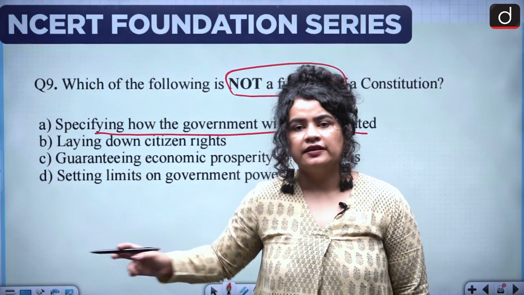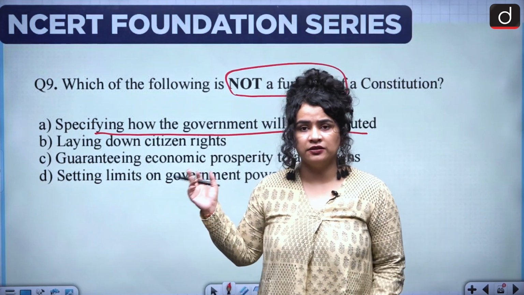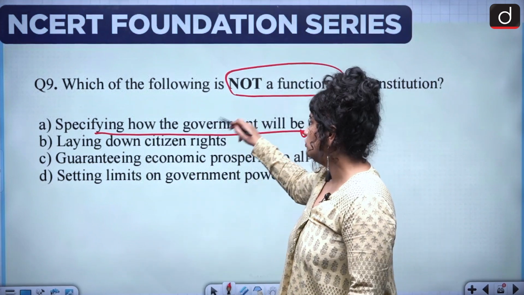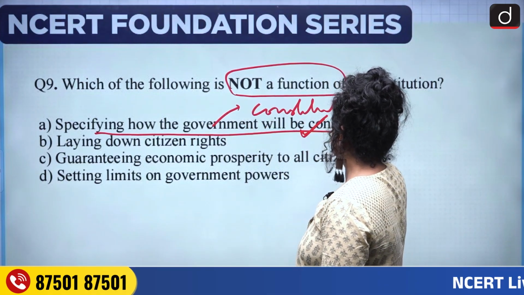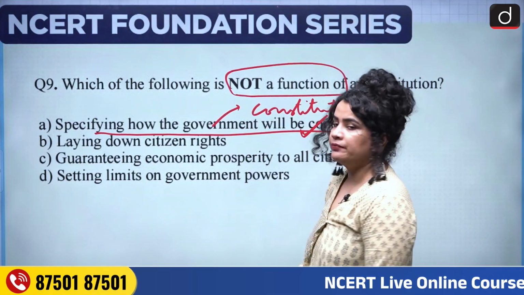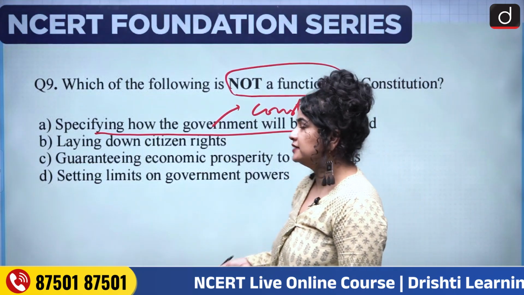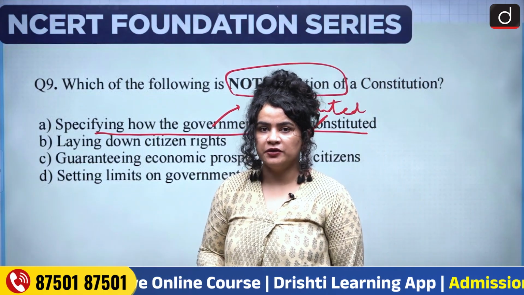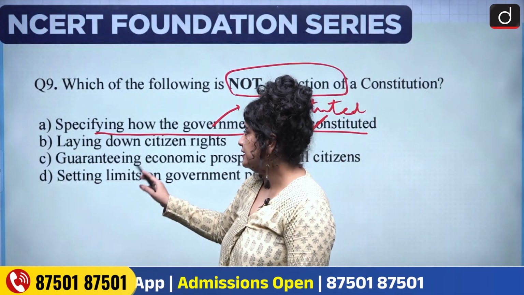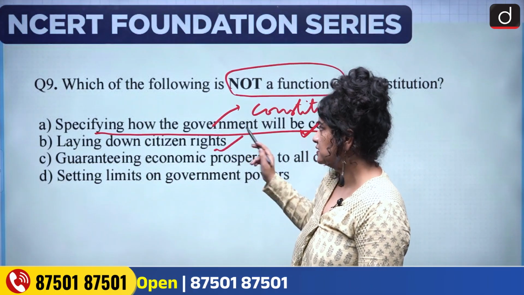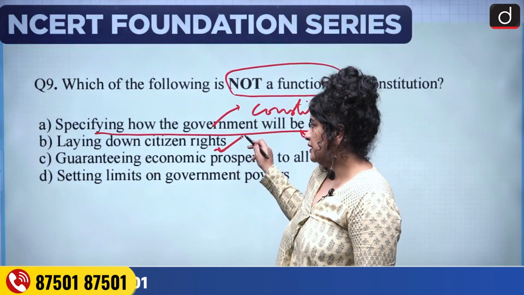We discussed that the Constitution specifies how the government is constituted, and we discussed various ways in which the government can be constituted, be it parliamentary form of government or the presidential form of government, and so on and so forth. B, laying down citizen rights, of course, and that is the most basic thing.